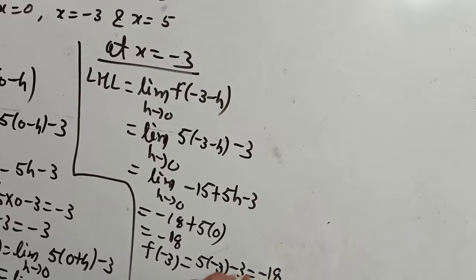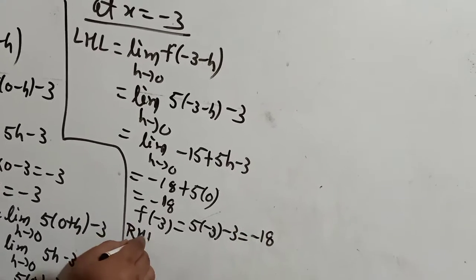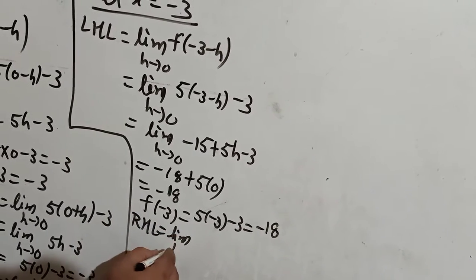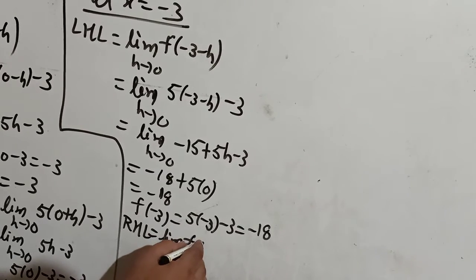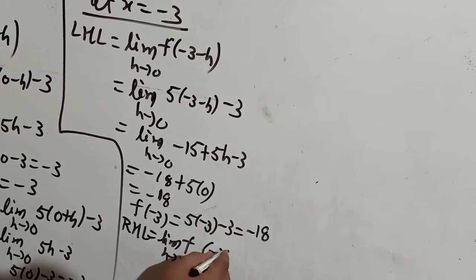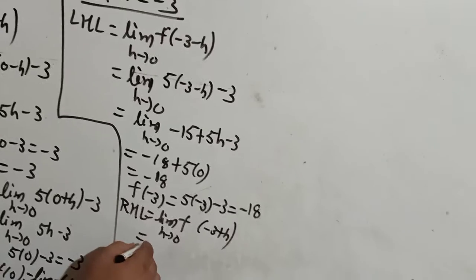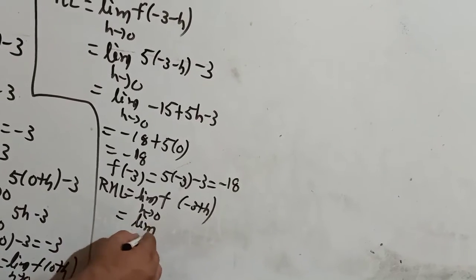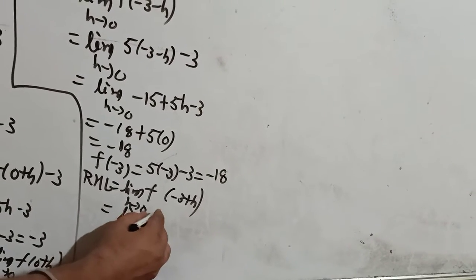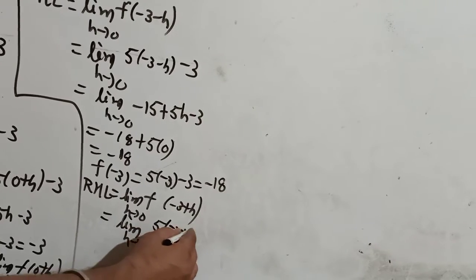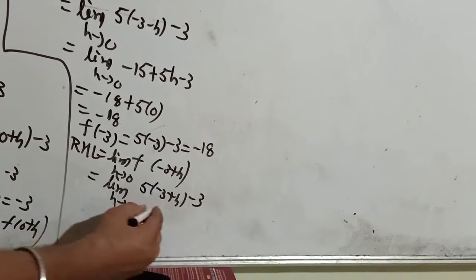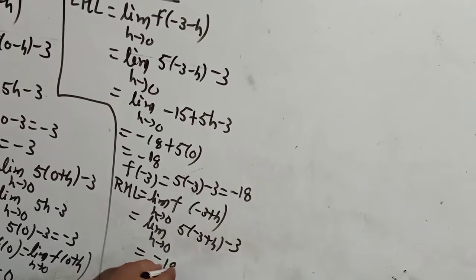This is minus 18. And RHL, limit h tends to 0, f of minus 3 plus h. So this is limit h tends to 0. The function says that 5 times minus 3 plus h minus 3. This will also be minus 18.